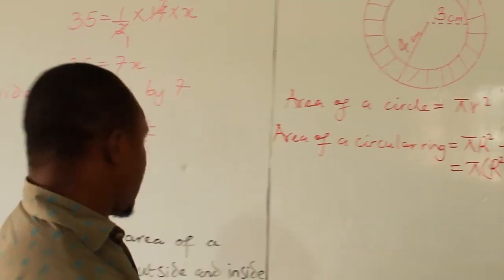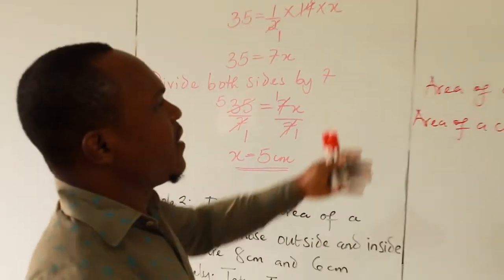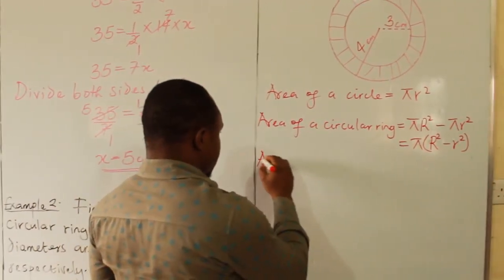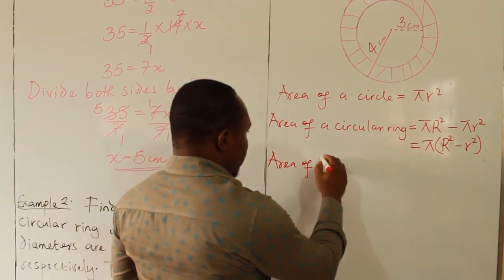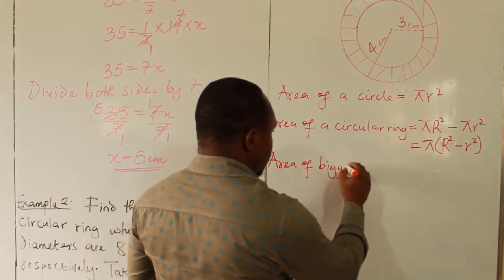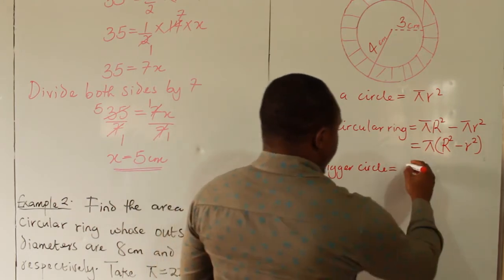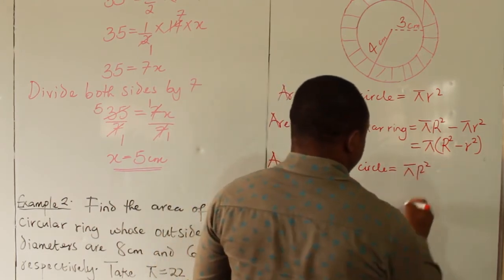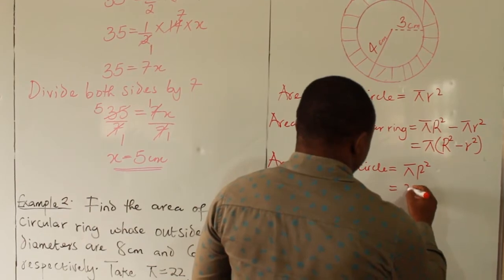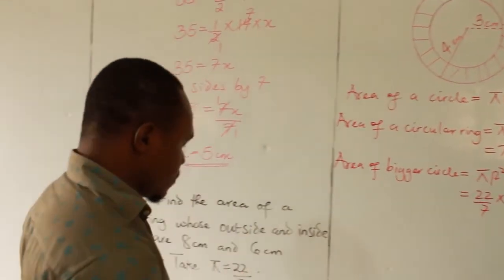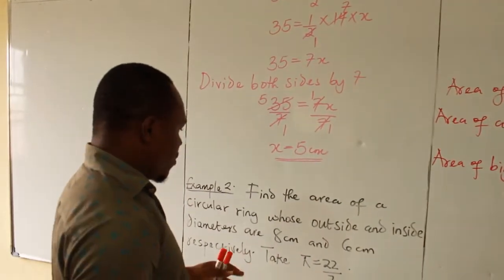So let's begin. According to our question, let's find out the area of the bigger circle. So area of a circle, which is pi R squared, is equal to 22/7 multiplied by our radius.